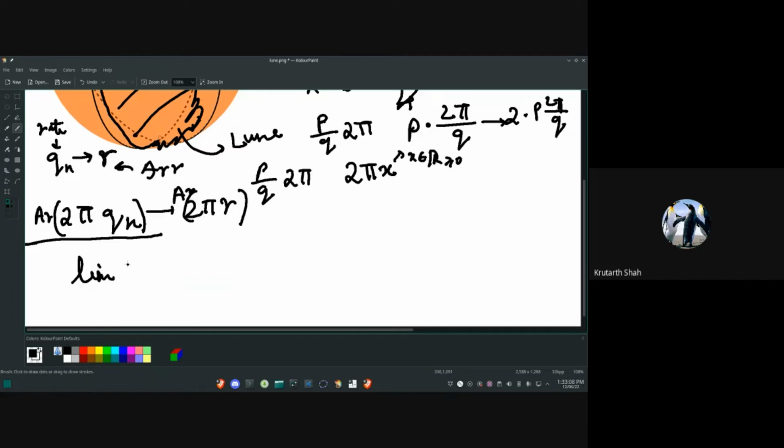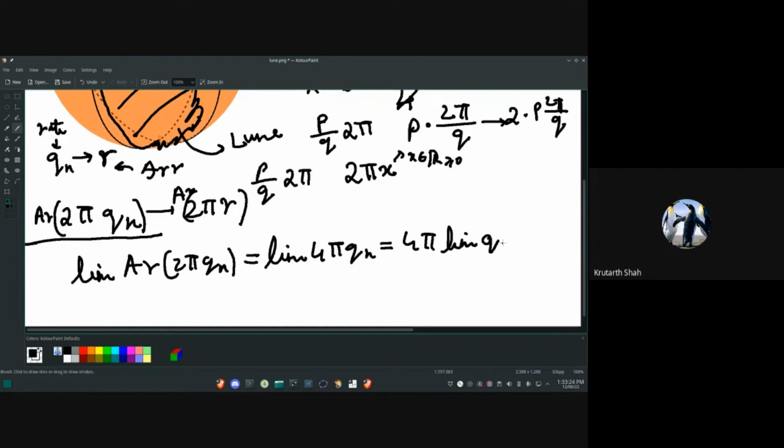So we want the limit of the area of 2 pi Qn, which is nothing but the limit of, from what we found out, 4 pi Qn, which is equal to 4 pi times the limit of Qn, which is equal to 4 pi R, which is 2 times the angle which we wanted.